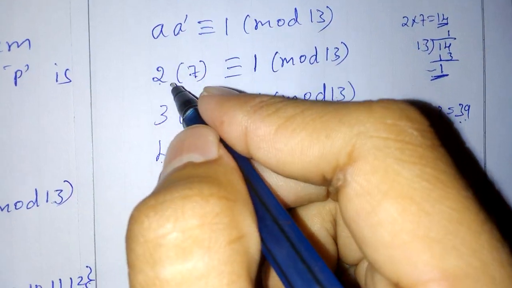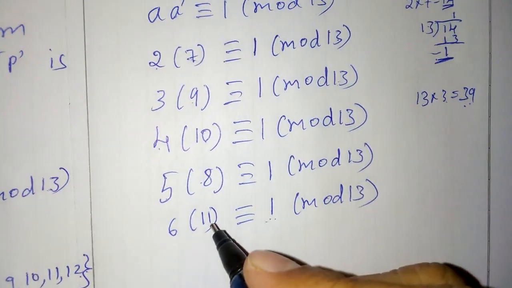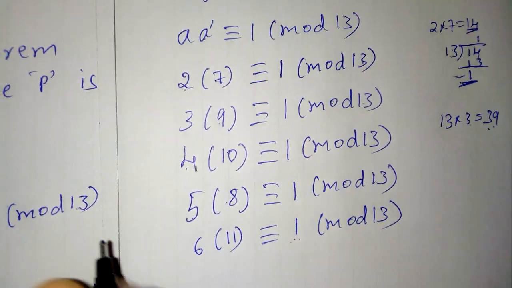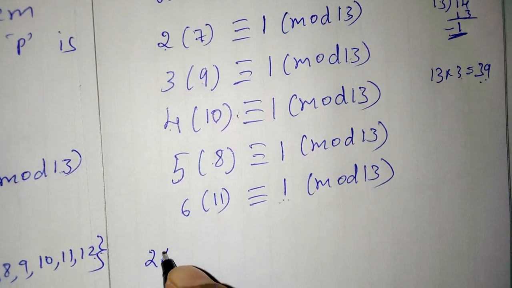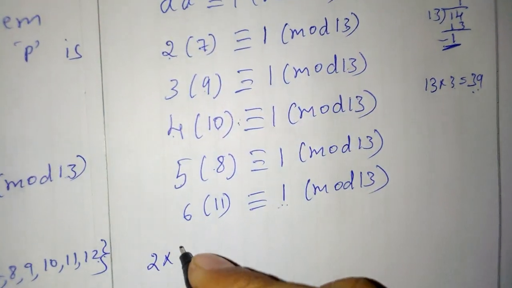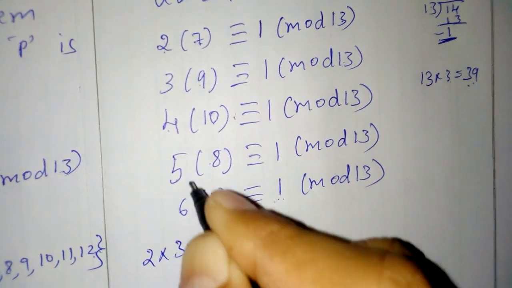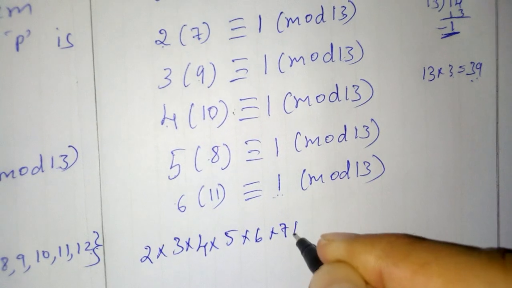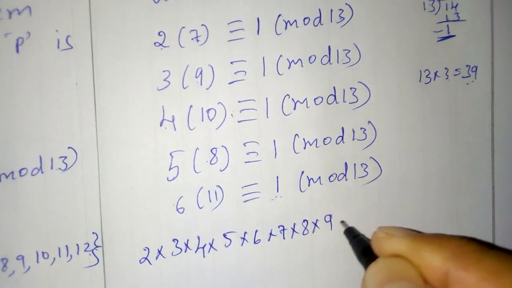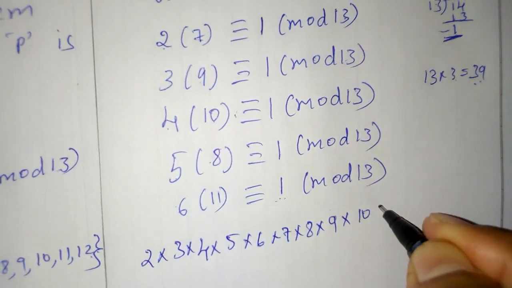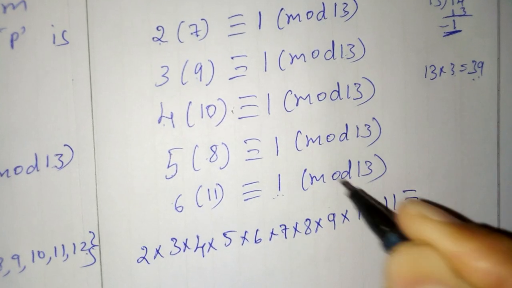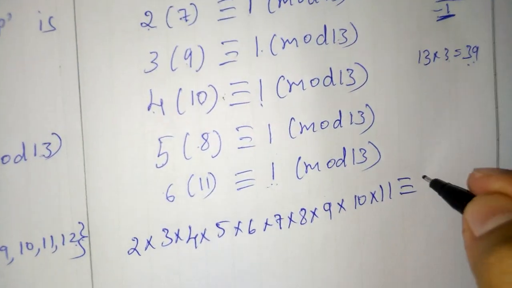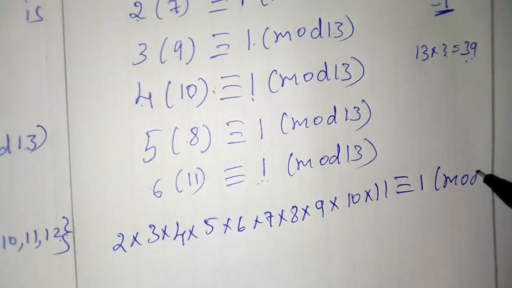So if we multiply all these congruences, we get 2 into 3 into 4 into 5 into 6 into 7 into 8 into 9 into 10 into 11 congruent to 1 into 1 into 1 into 1 into 1, which is 1 mod 13.